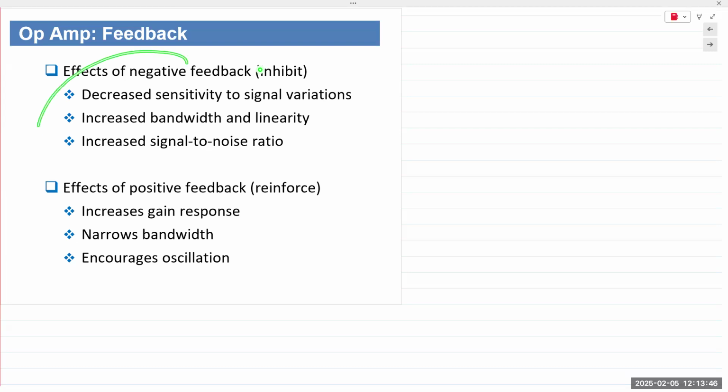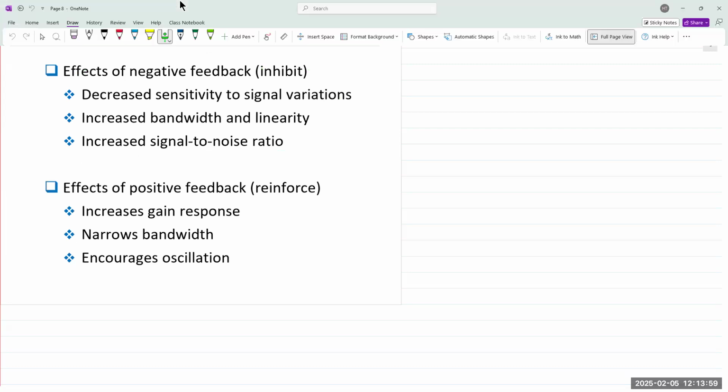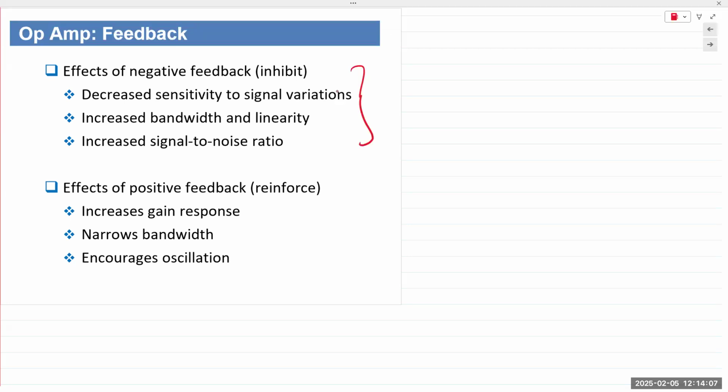Many of the applications for an OpAmp use the inverting configuration, meaning the output is fed back to the inverting terminal. So we use these for amplifiers and amplification. We can create amplifiers with both negative and positive feedback, but negative feedback is far more preferable.